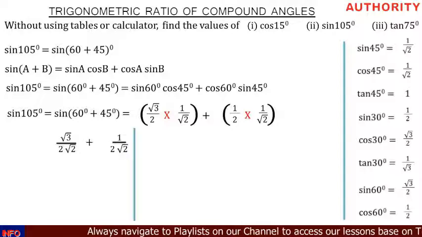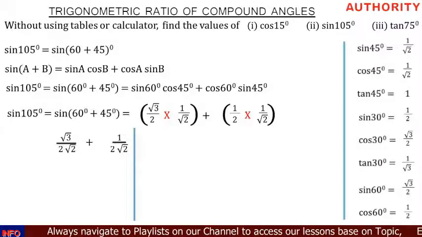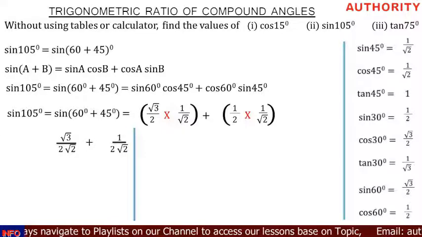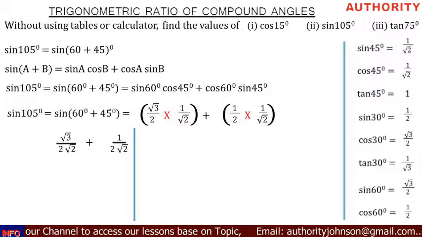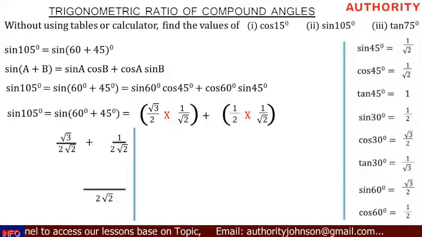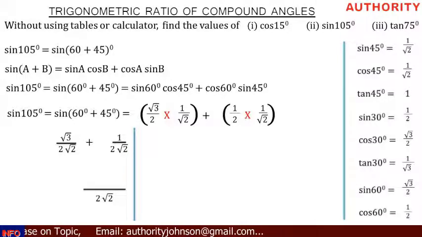In this place now, let's add them together. For us to add them together, we're going to look for the LCM. We simply say that the LCM is 2 root 2. So 2 root 2 divided by 2 root 2 gives us 1, and 1 times root 3 gives root 3.